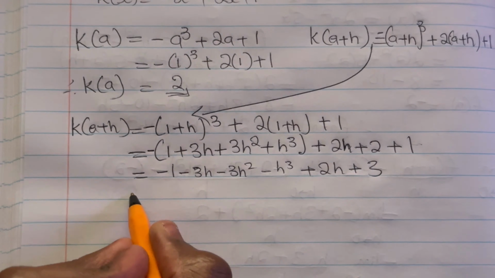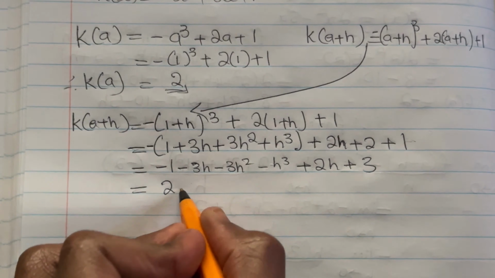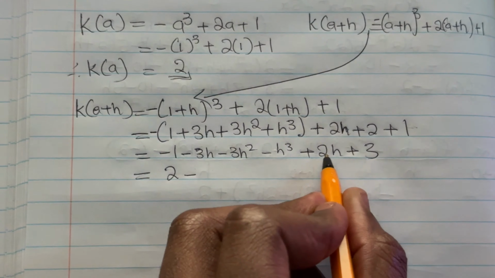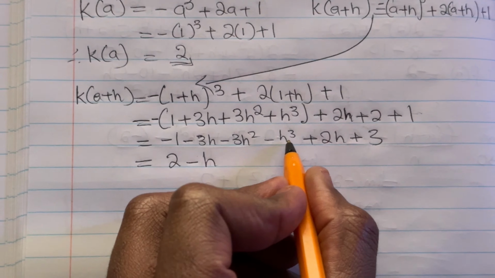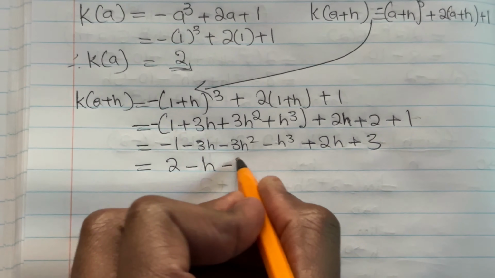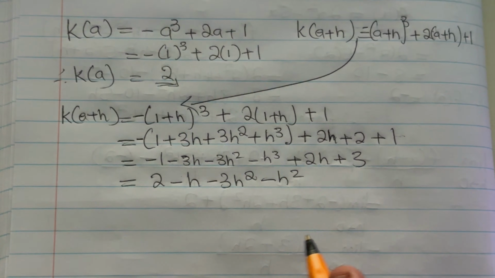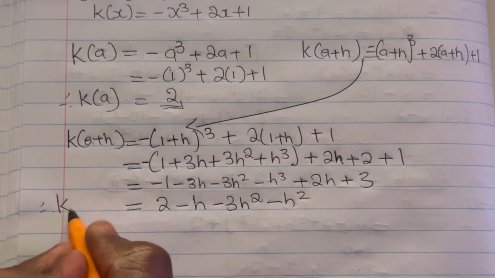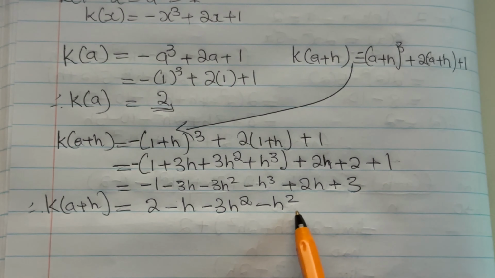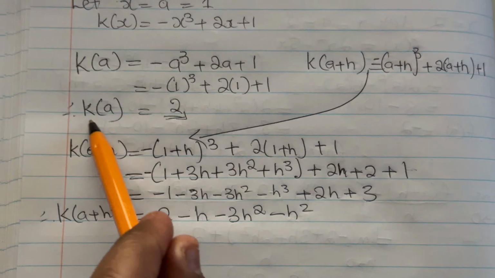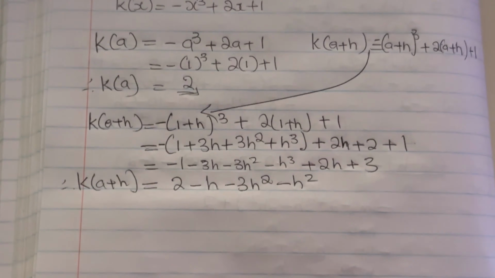So going forward, we have 3 minus 1 is 2, then minus h. Then the other terms we leave the way they are because there are no like terms for them. Because they are no longer like terms, we don't continue, we just leave it here. Then after that, we can take this and substitute it here, and we'll have the answer for our question.